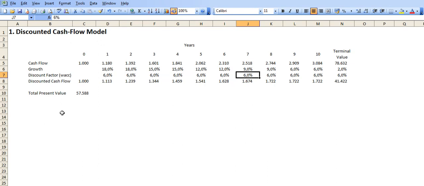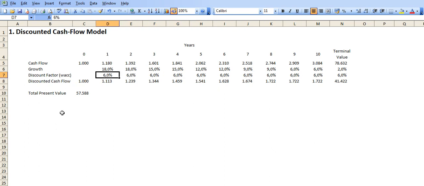Normally, if this company were a startup, it would have a much higher discount factor because there is more risk. The company would have a hard time getting equity or debt. In that case, their cost of capital will go up, hence the discount factor. By the way, the higher the discount factor, the lower the company value. And you will see this in the calculation phase.